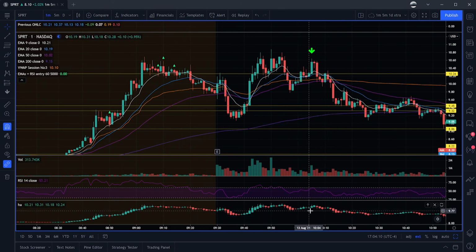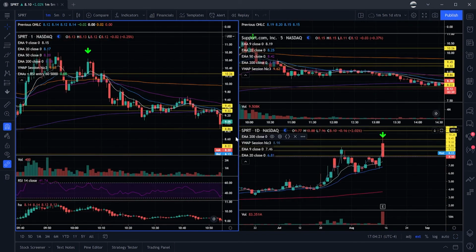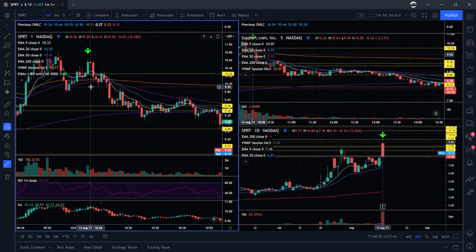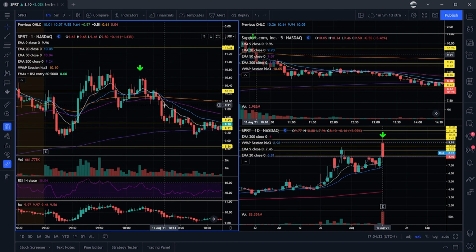I'll go deeper in detail on how to use this in a different video, but for now what I wanted to show you was basically the charting software I'm using and the layout I usually use, so you can better understand what you're seeing when I'm showing the charts on my videos.